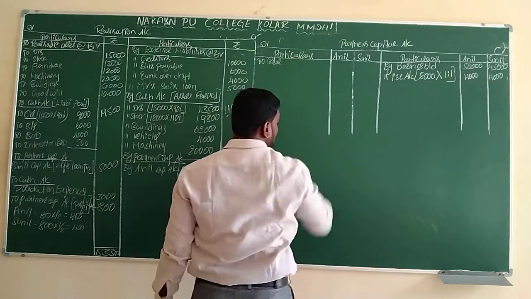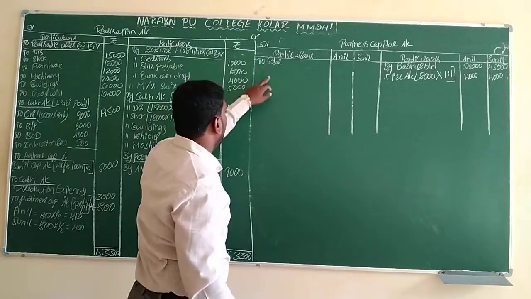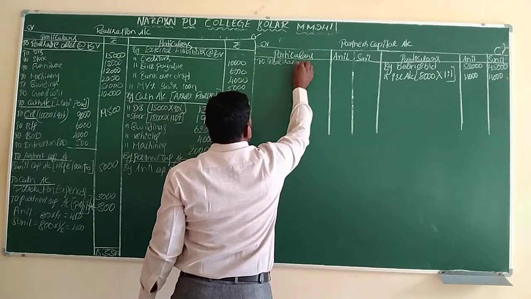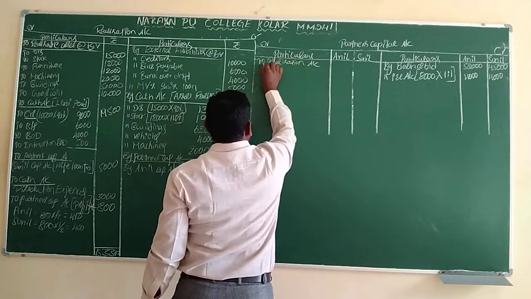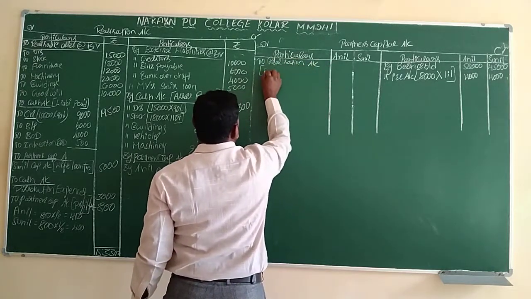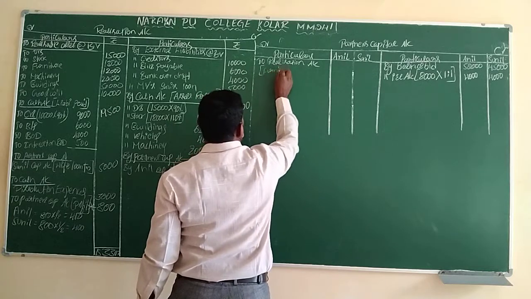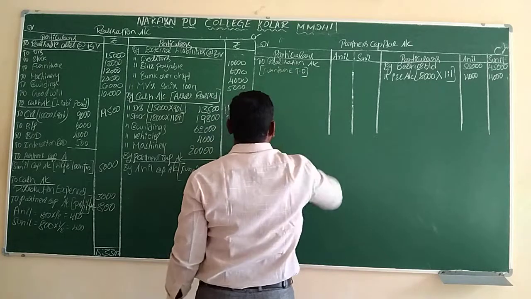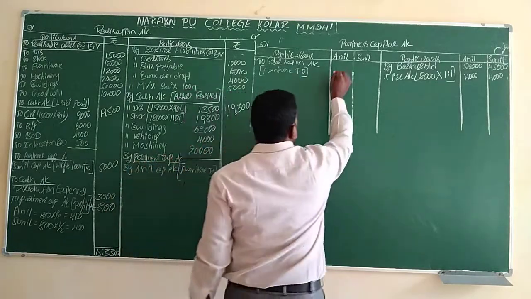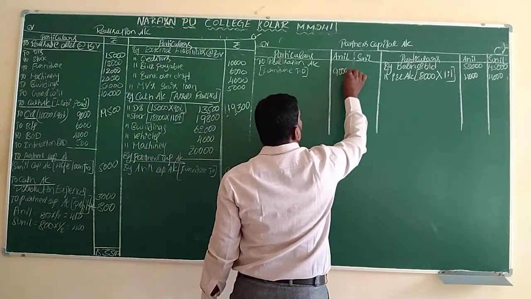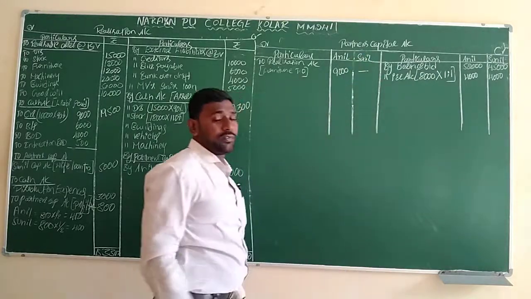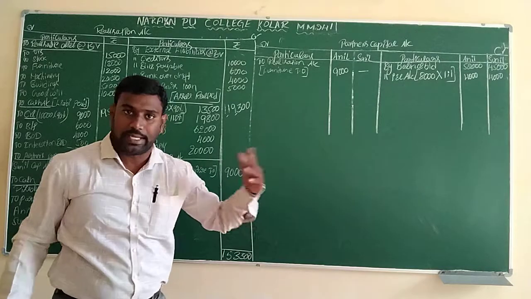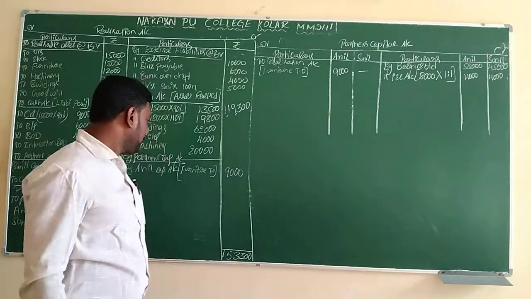In brackets you have to mention clearly, furniture taken over. Who has taken over the furniture? Anil. So Anil's account has to be debited with 9,000, which we deduct when we settle his account.